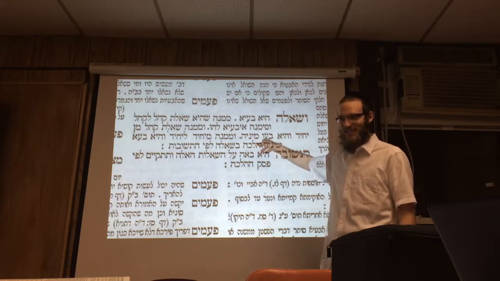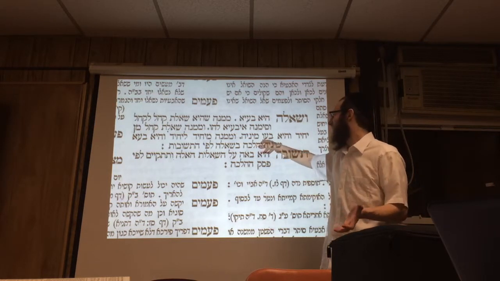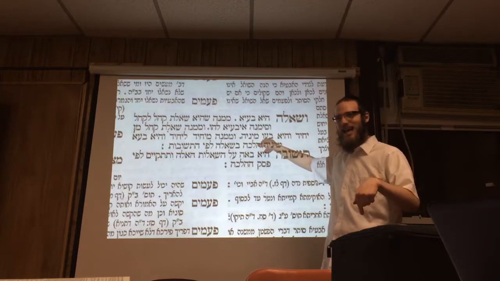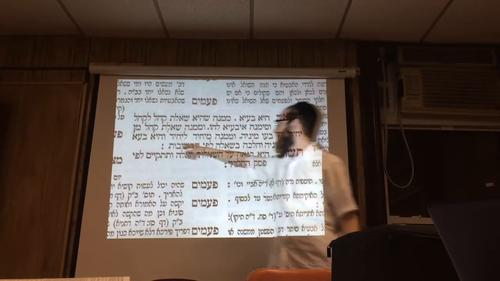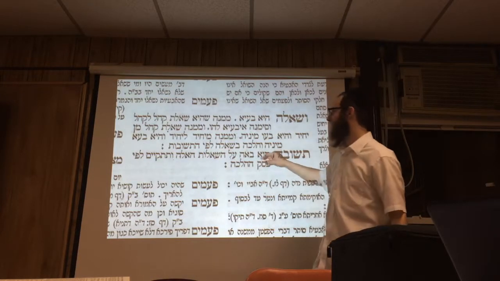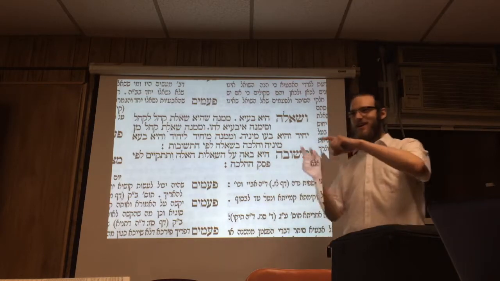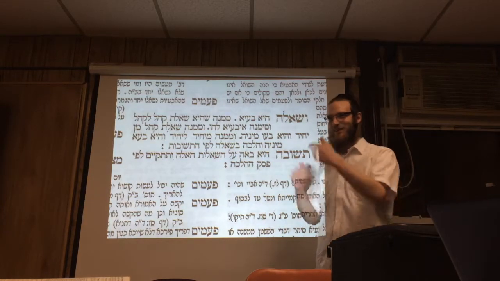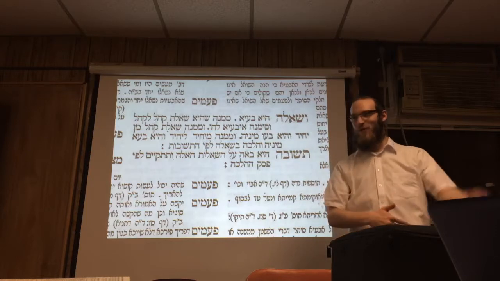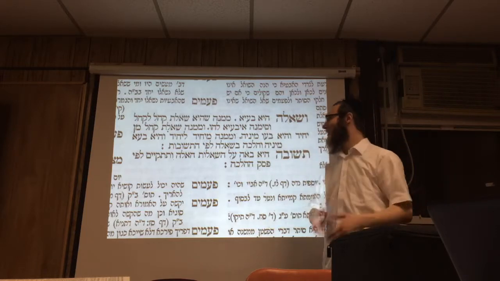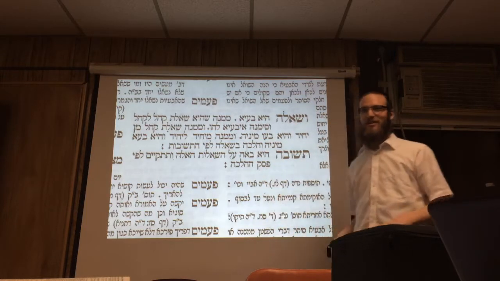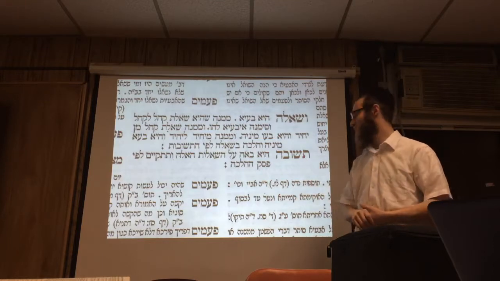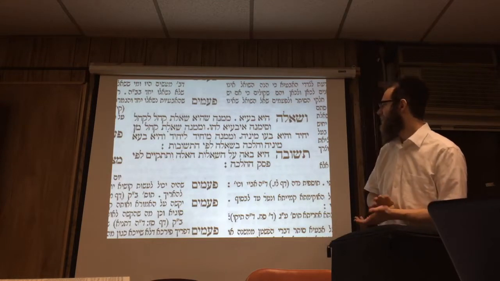Vav is gematria 6. That's a group. Whereas if it's a yachid asking another yachid, it will be ba'a minei, with an aleph, from him. So one from one, or many from one. A group is going to be asking a question from one person.